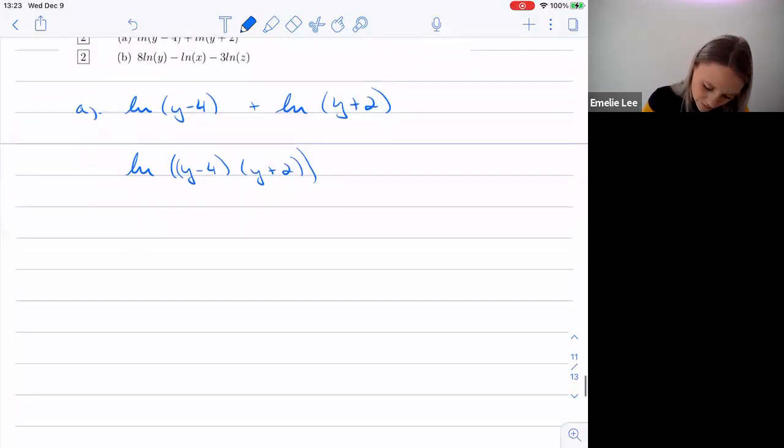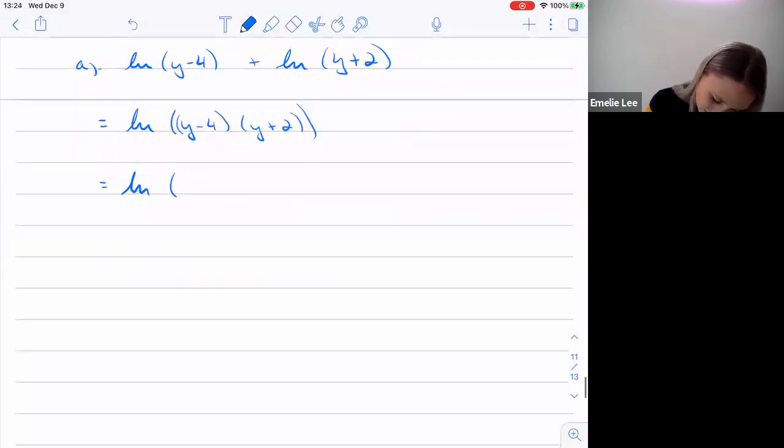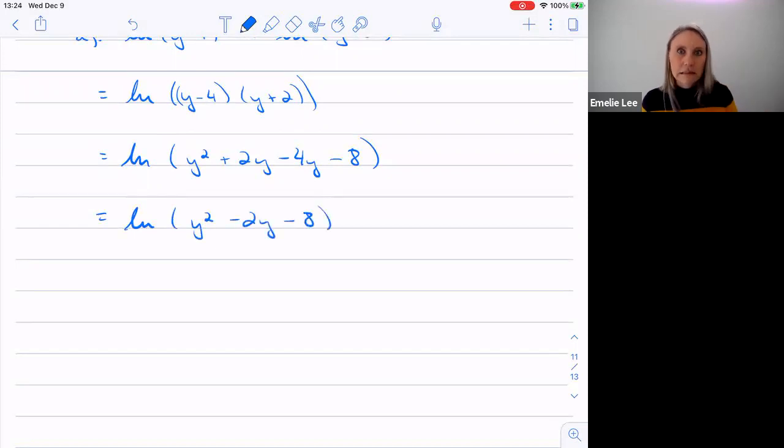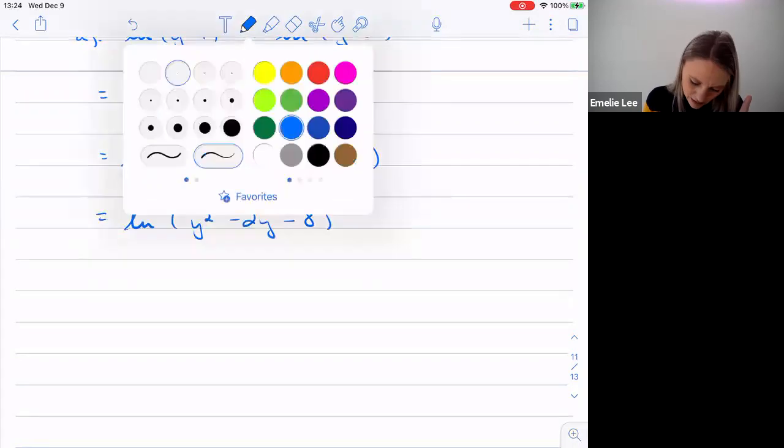Okay, which is the same as the ln of y squared plus 2y minus 4y minus 8, which is the ln of y squared minus 2y minus 8.